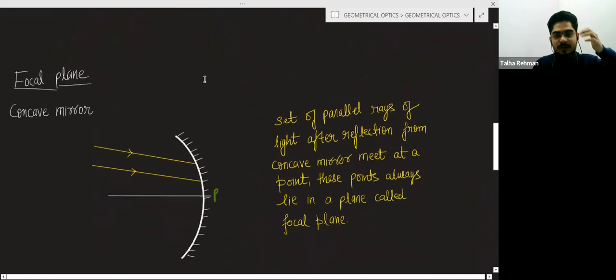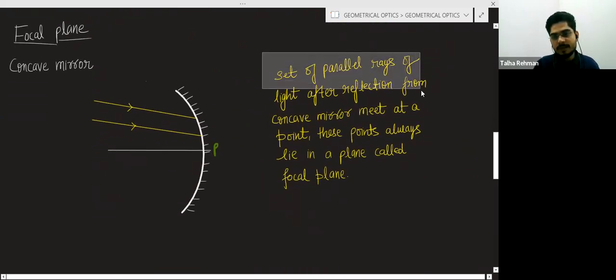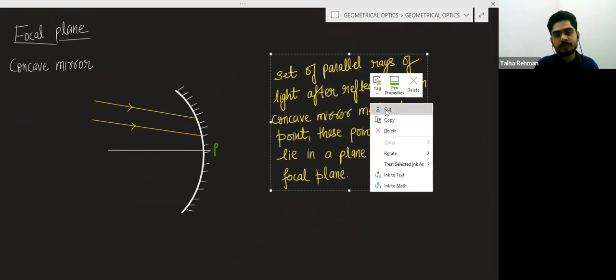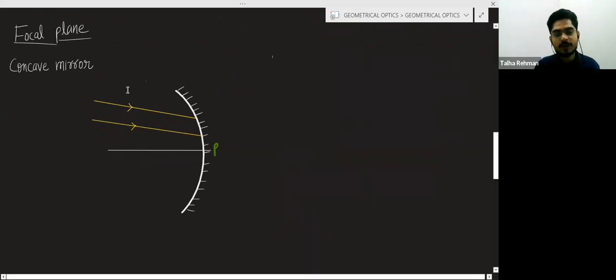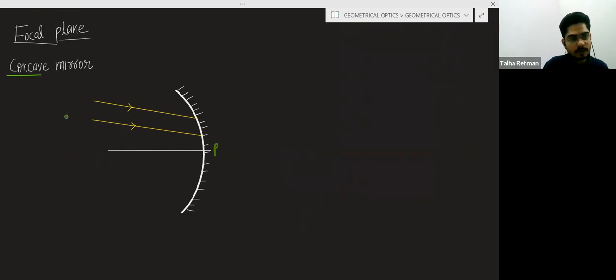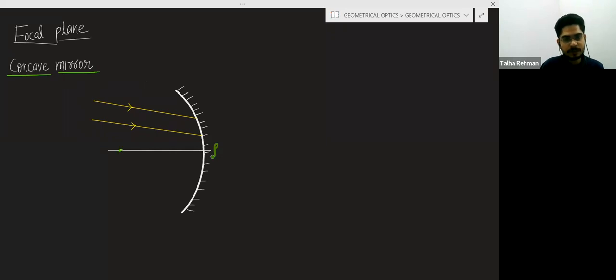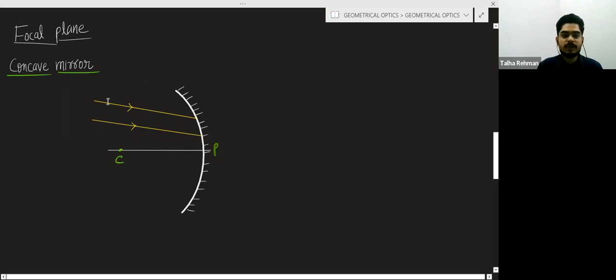Okay. Now after this there is the focal plane. Now what is the focal plane? This is a concave mirror, and basically this is the principal axis. Somewhere here will be the center of curvature, and these parallel rays are striking this concave mirror.